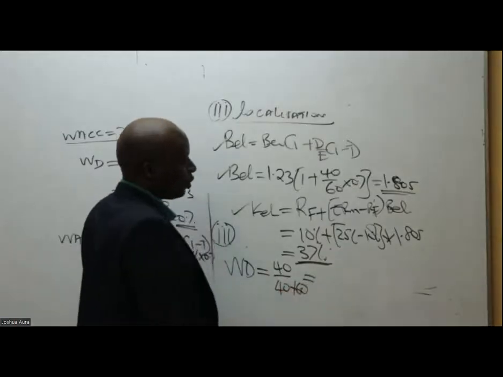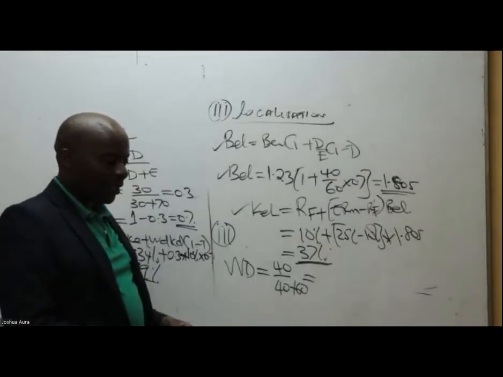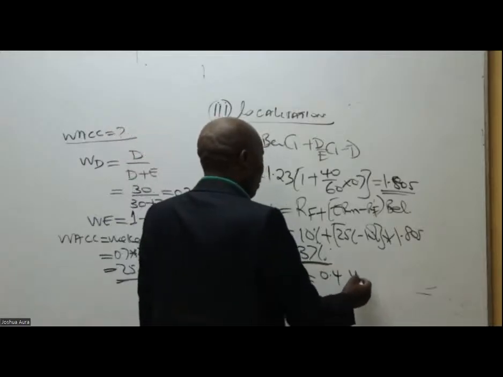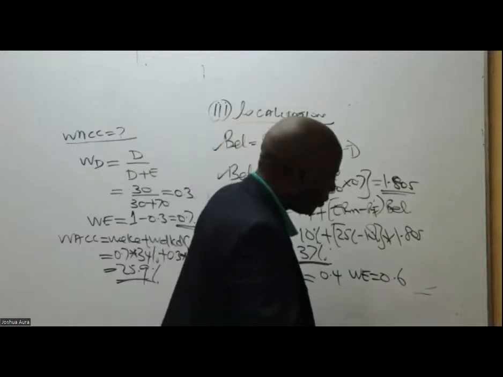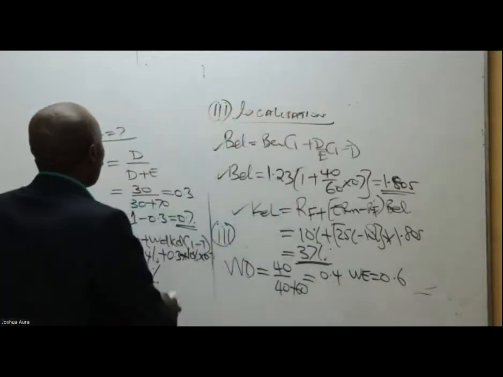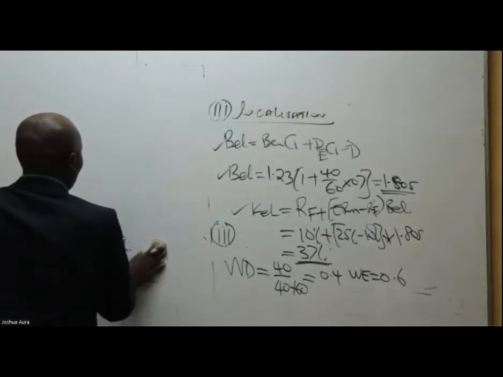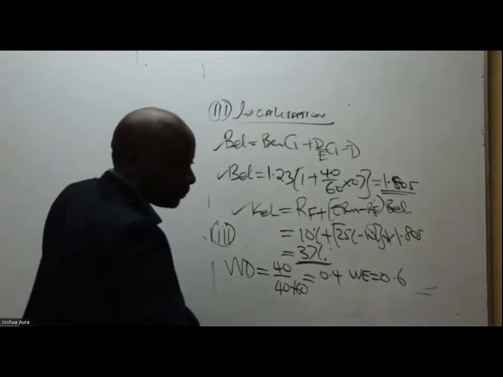So weight of debt will be equal to what here, somebody? Because it's 0.4. Thank you very much. And if debt is 0.4, then weight of equity will be 0.6.